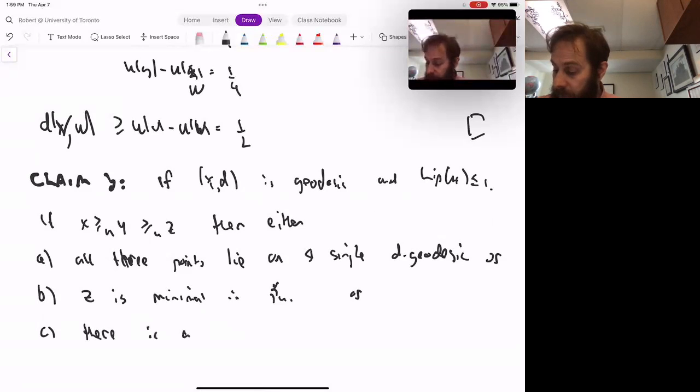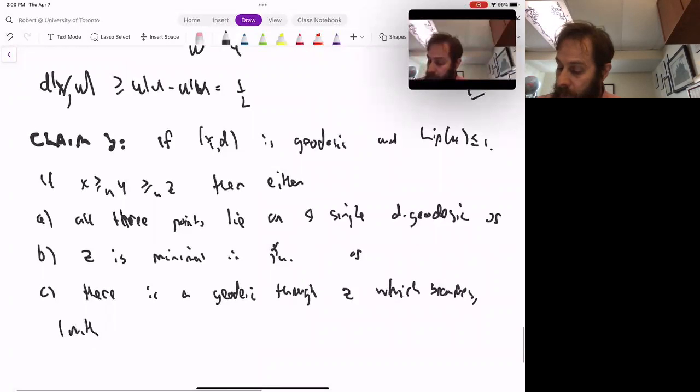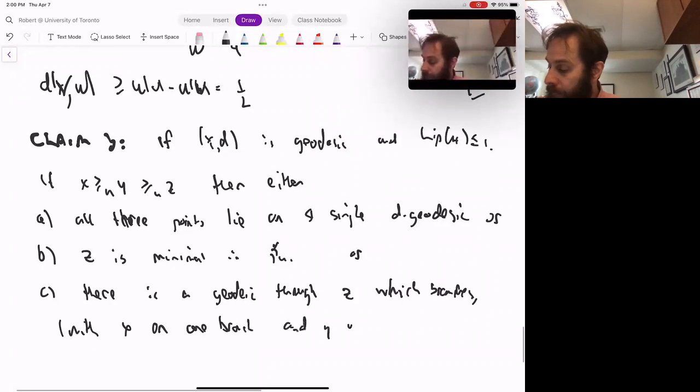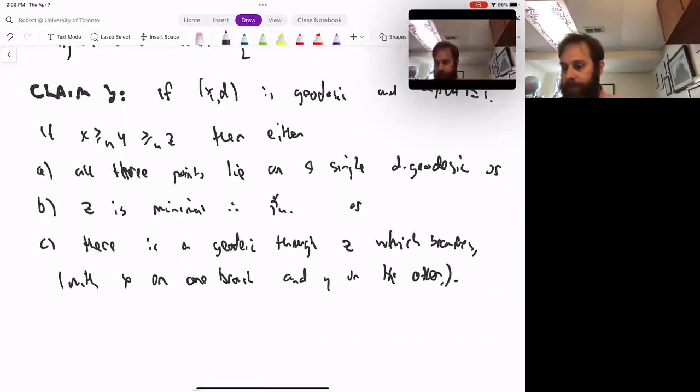There is a geodesic through Z which branches, with X on one branch and Y on the other. And so, for example, if I'm in a non-branching space, then I can rule out C right away.